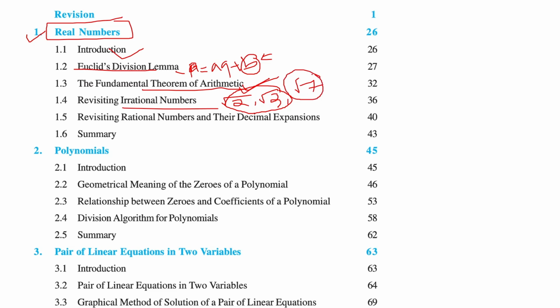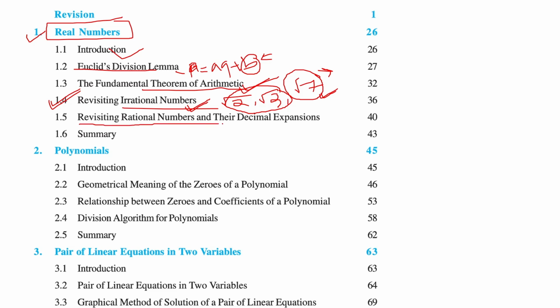These are proofs by contradiction, so you have to know how to contradict these assumptions. They will check your ability to prove mathematical assumptions. So this is the important thing, revisiting irrational numbers.